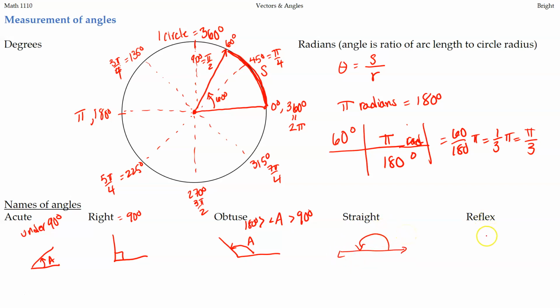And reflex, so this is 180 degrees, is more than 180 but also less than 360. So that would be something like this. We don't see reflex angles too often.